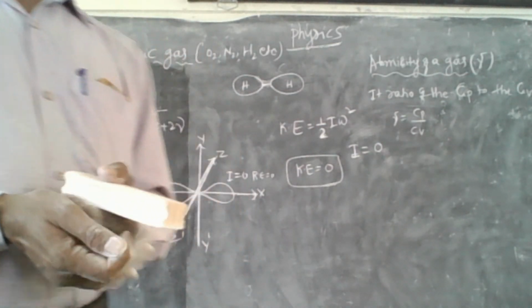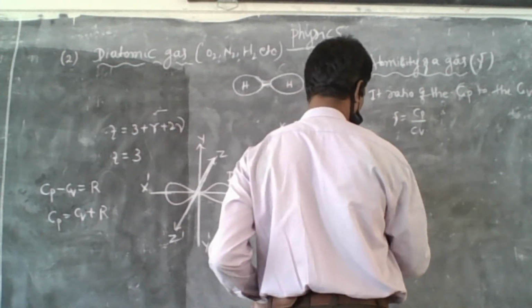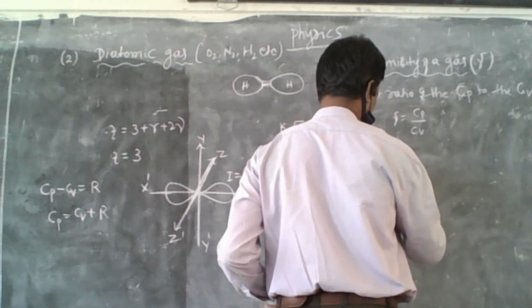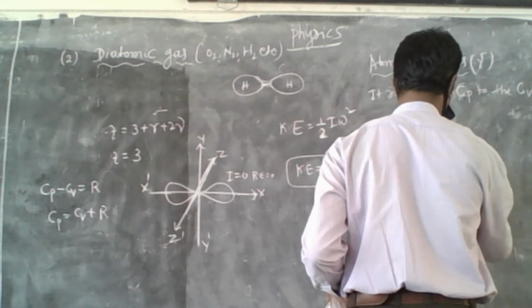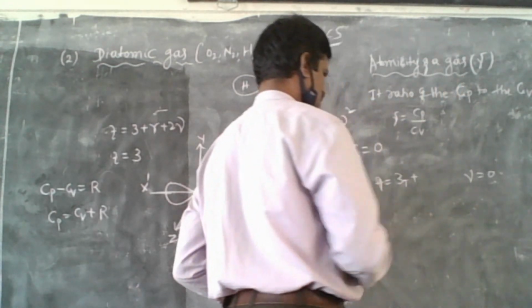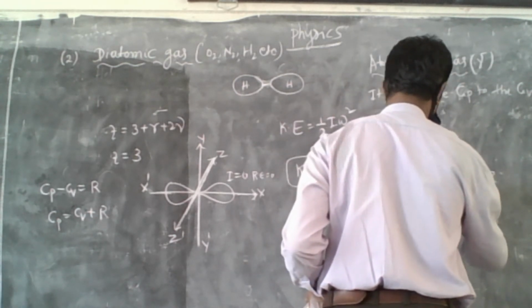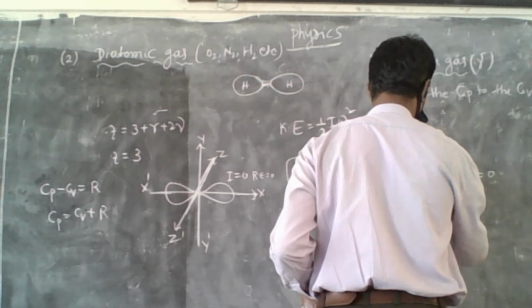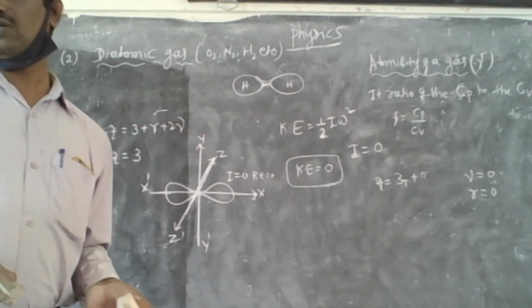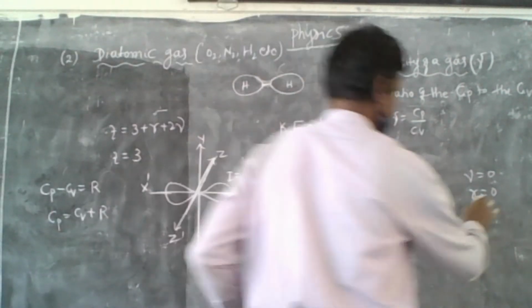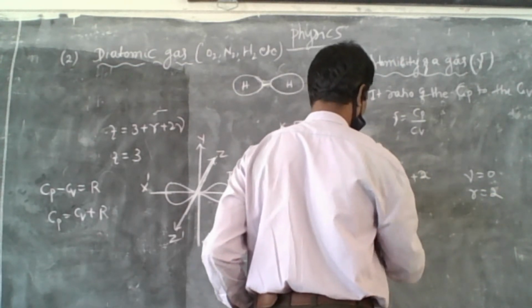And one more thing, there are 3 degrees of freedom due to translational motion, vibrational motion is 0, and only rotational motion is there. Rotational degrees of freedom equal 2. Therefore, the total degrees of freedom is 5.